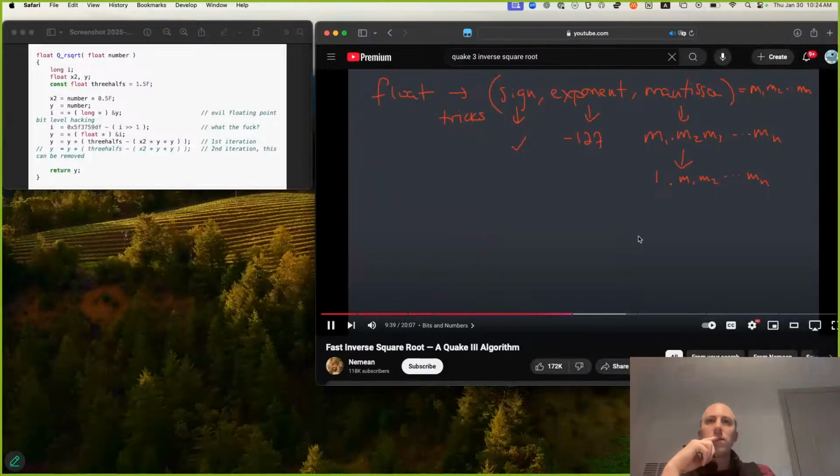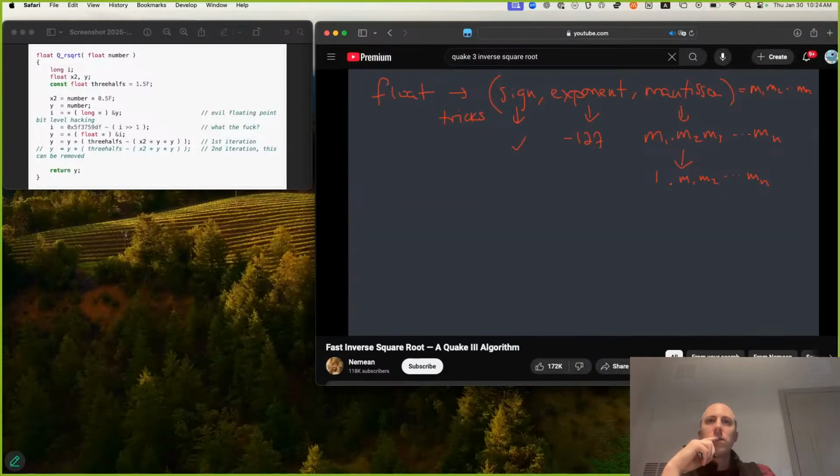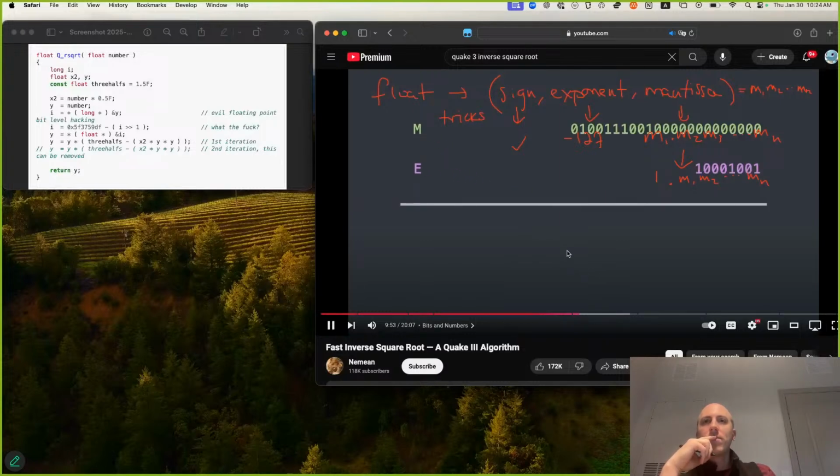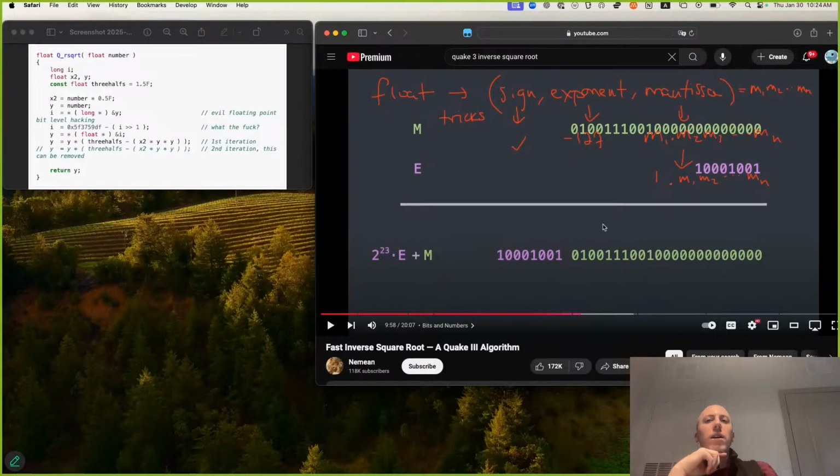For this algorithm and for the rest of this video, it will be useful to think of the mantissa and the exponent as the binary numbers they are. If we are given two numbers, one being the mantissa and one being the exponent, 23 bits and 8 bits respectively, we can get the bit representation with 2 to the 23 times e plus m, if you think about it. Because multiplying e by 2 to the 23 just shifts e by 23 digits.